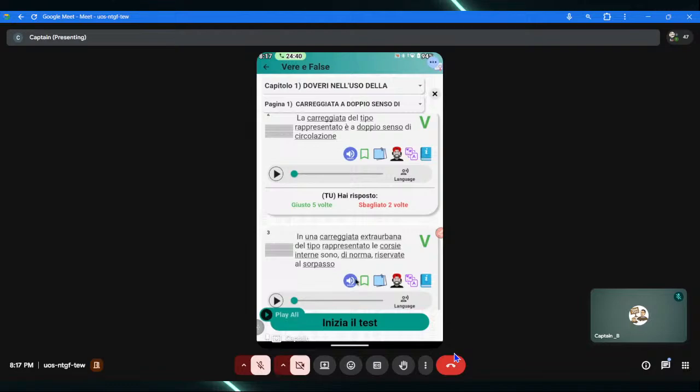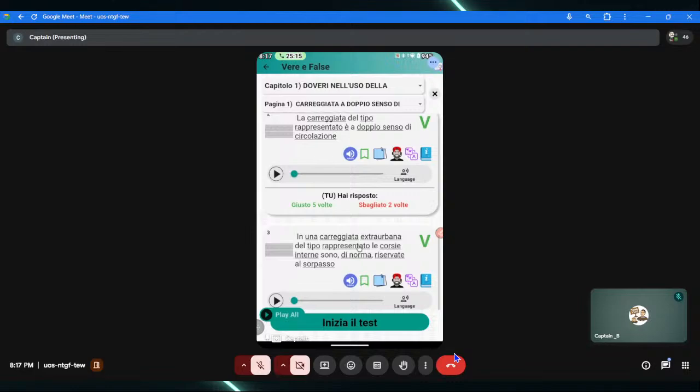Number 3. In una carreggiata extraurbana del tipo rappresentato le corsie interne sono, di norma, riservate al sorpasso. Listen. In una carreggiata extraurbana, meaning outside the city. You get it? The tipo rappresentato means this type represented. Le corsie. What is the corsia?